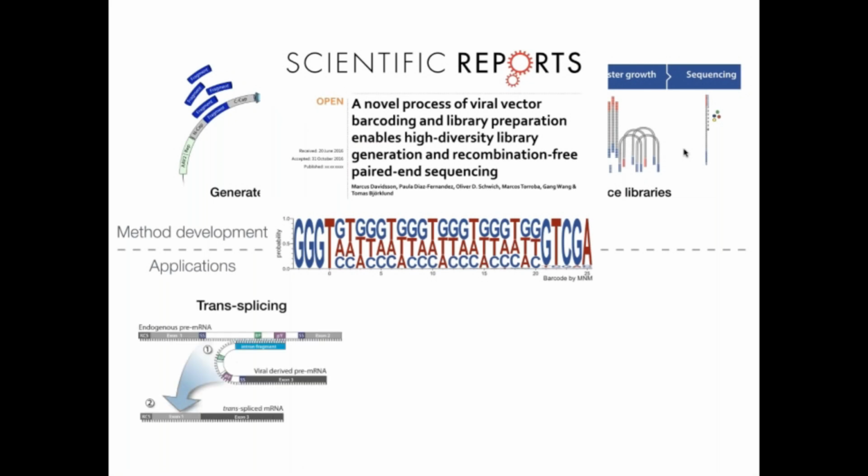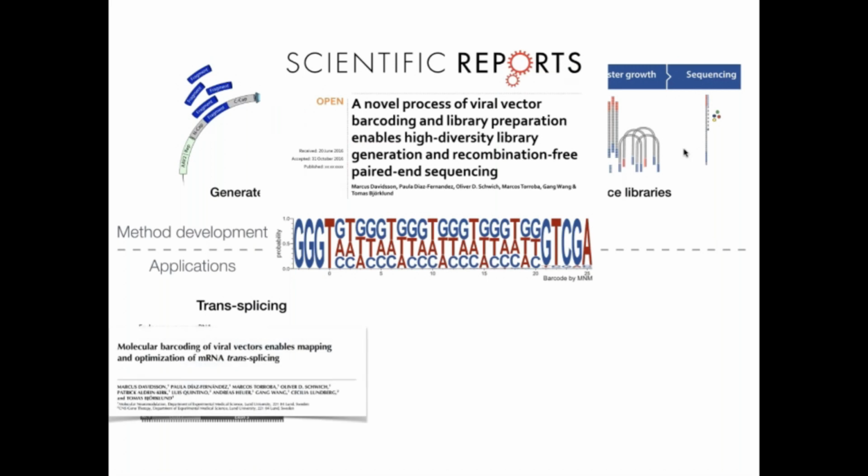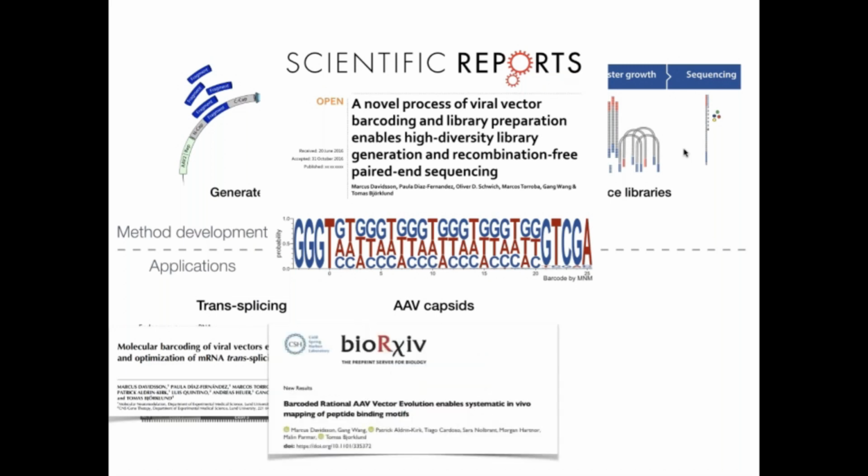For the applications, we have used DNA barcoding to assess RNA transplicing. It can be found in this publication. To develop novel AAV capsids can be found here on bioRxiv. We also have an ongoing project on how to map the connectome of the brain using DNA barcoding. This is still not published.